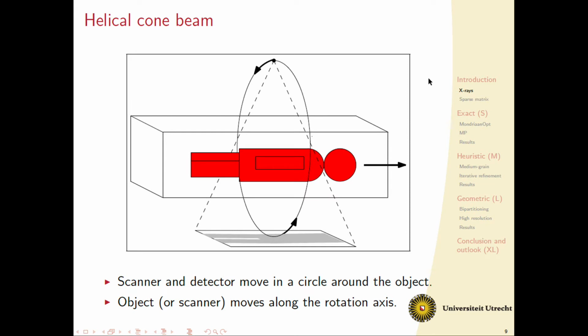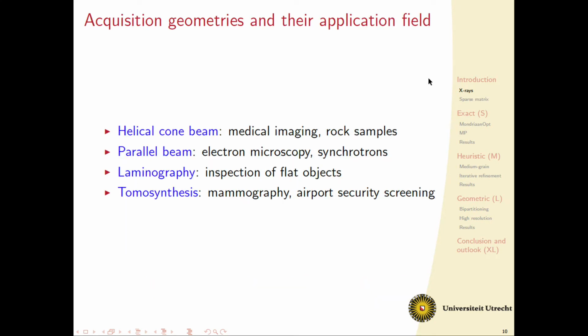Now, other ways of doing tomography. This is called the helical cone beam. The human is inside, moves at a certain constant speed, and the source and the detector rotate around it. There are many different types of tomography.